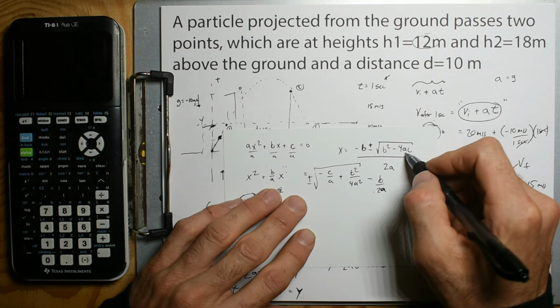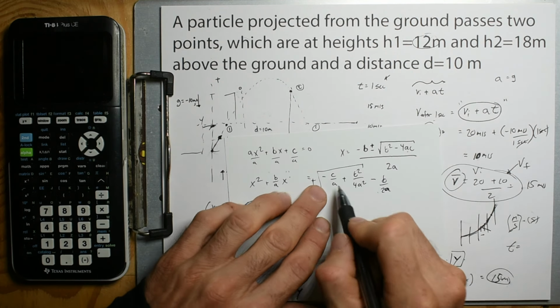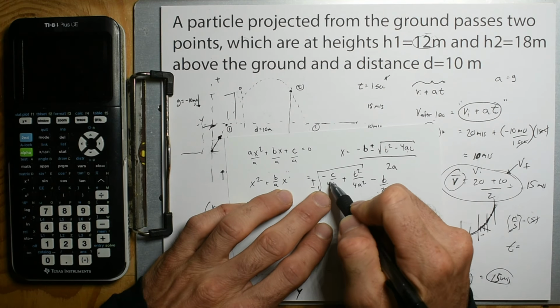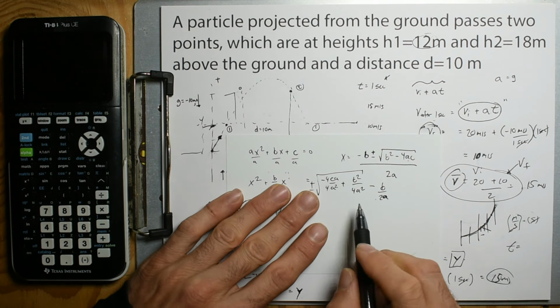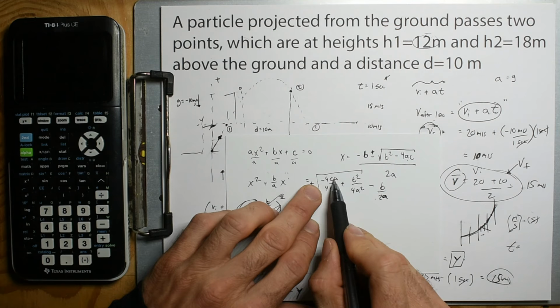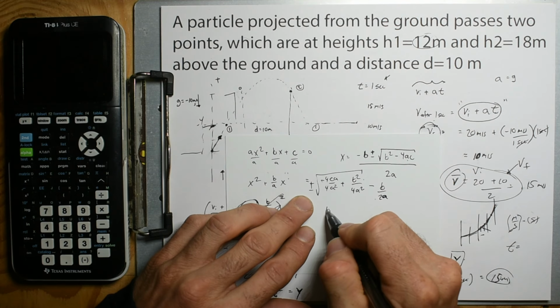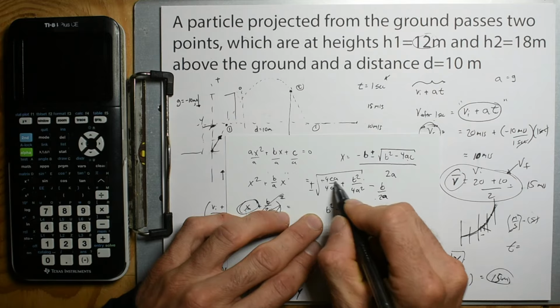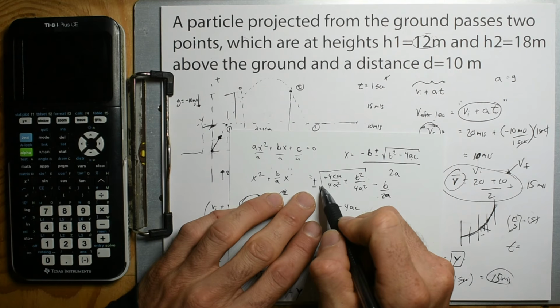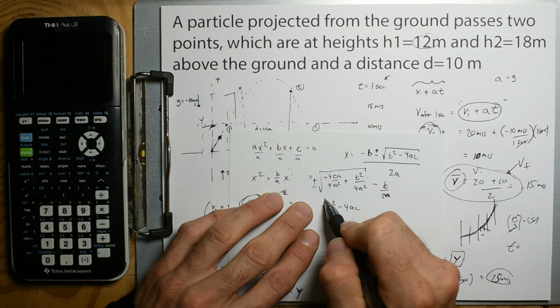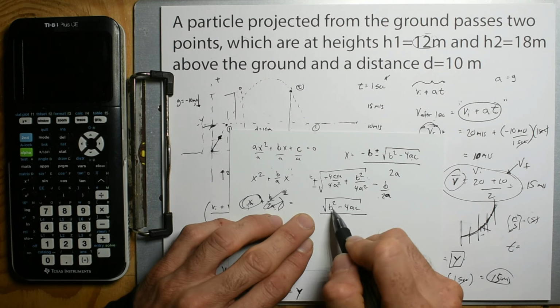Now how do you get this to look like that? Well, you say, hey, let's put another 4 top and bottom, and let's put another a squared and then an a up there. So this is your negative 4ac. We can switch these, so we get b squared minus 4ac. This square root, we can do the square root of the top and then the square root of the bottom.